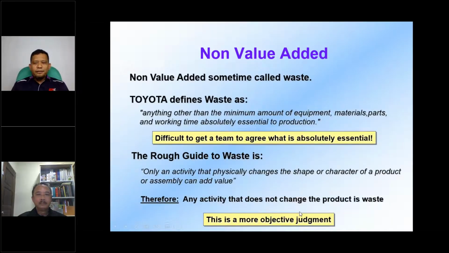They define in manufacturing that any activity or process that changes the shape or character of the product is considered as value. But if it doesn't change the physical product, later I will give some examples.